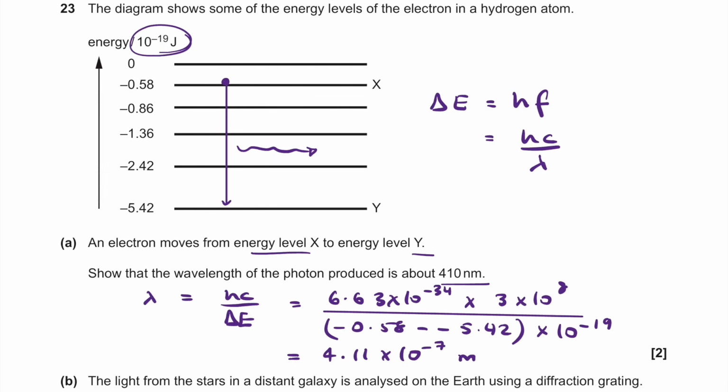And if you want to convert it into nanometers, you just have to divide it by 10 to the minus 9, and it will give you 410 nanometers.